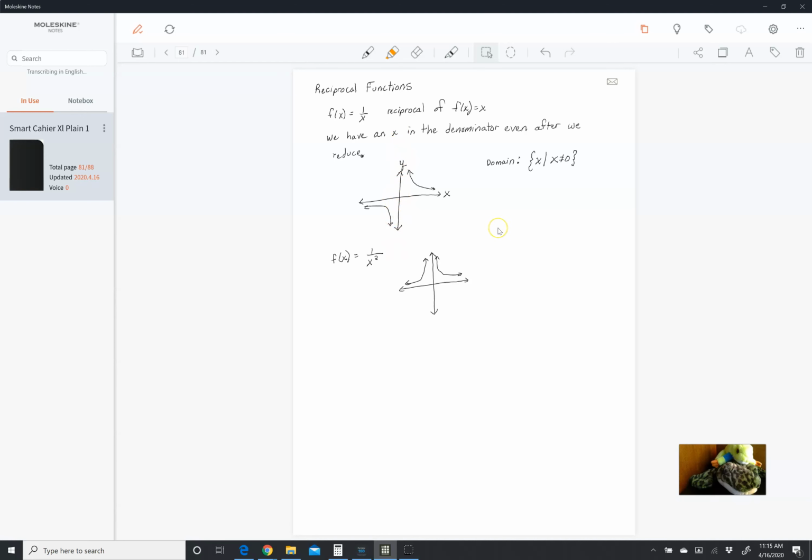And then actually the range here is the same except for y. So y can't be 0 here either. There is no way that we could get a y value that's equal to 0, because the only way that we could get a fraction that's equal to 0 is if the numerator is 0, and the numerator is 1.